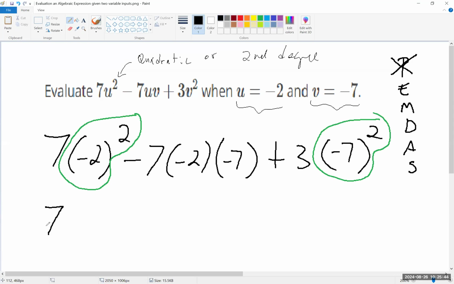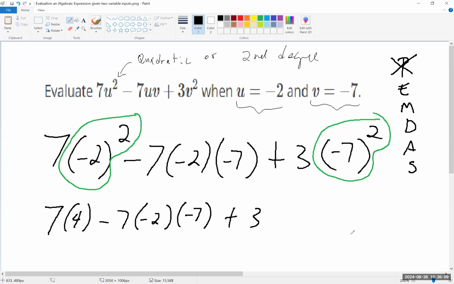So -2 squared is 4. The negative has been utilized, so we're done with the negative, because the thing that I circled here is really -2 times -2. So this symbol tells us how many times we're gonna write the -2, right?